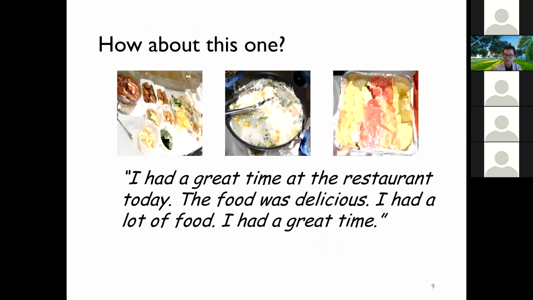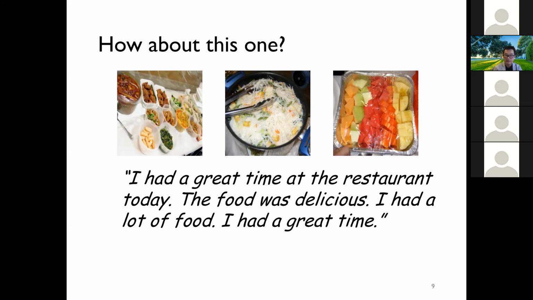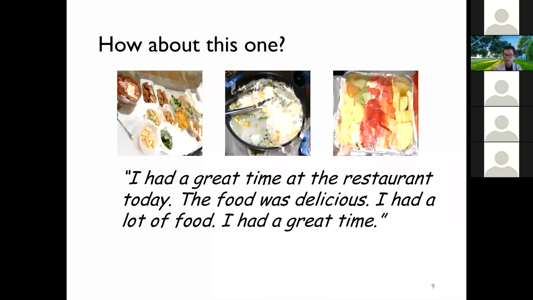So how about this one instead? This is also an interesting example, because if you read the story, it looks pretty good. "I had a great time at the restaurant today. The food was delicious. I had a lot of food. I had a great time." And if you look at the three images, this is the paragraph automatically generated by one of our systems.